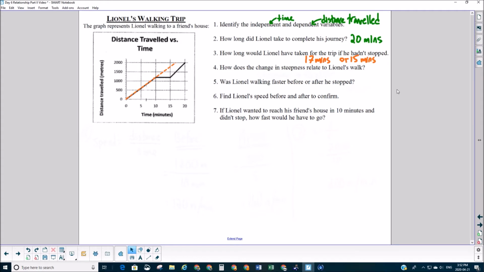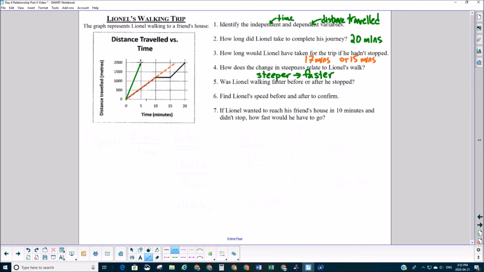It says, how does the change in steepness relate to Lionel's walk? Of course, if the graph is steeper, that means he must be walking faster. Let's look at an example of that. If we looked at a graph like this, he would travel 2,000 meters in only 5 minutes.